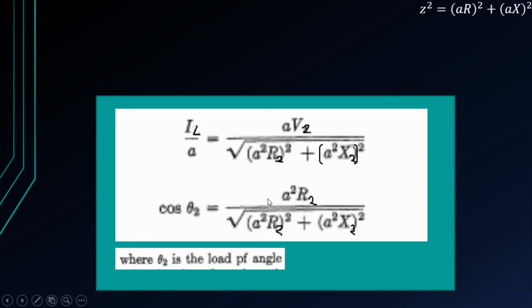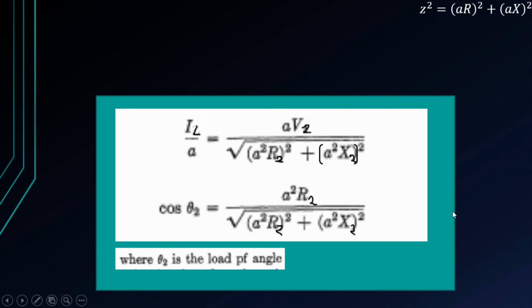Parang ganyan. So, if we're going to find the angle, cosine theta sub 2 is equals to A squared R sub 2 all over square root of A squared R sub 2 squared plus A squared X sub 2 squared.